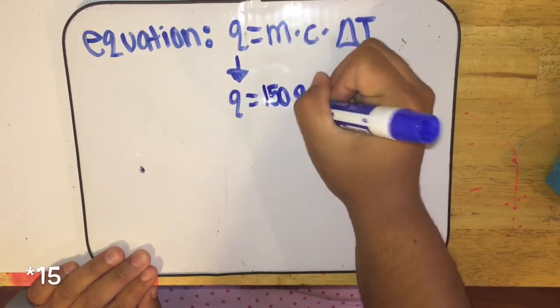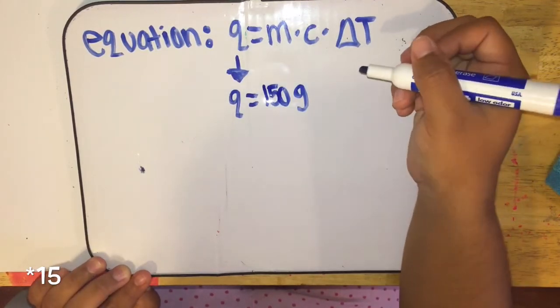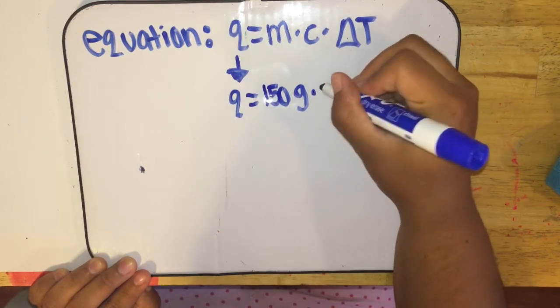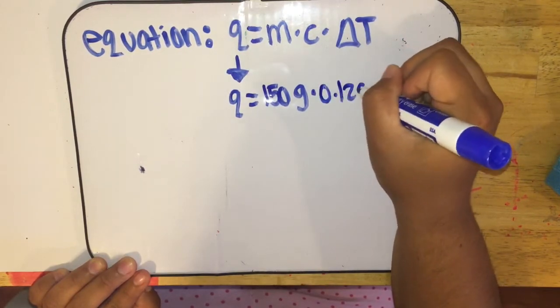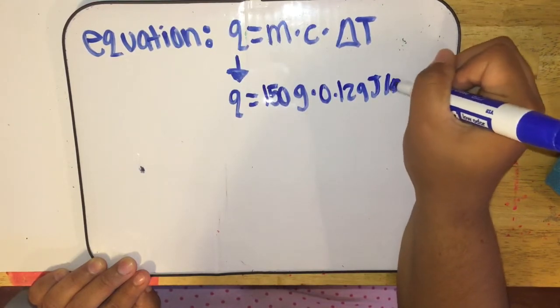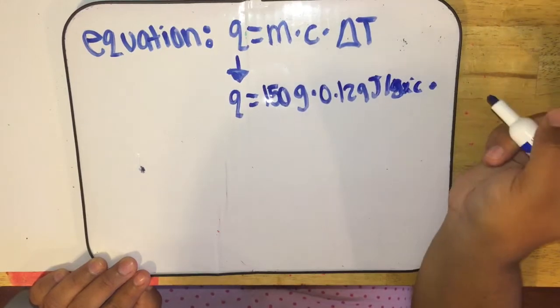Then the equation says M is after the equal sign. So we go M equals 15 grams. So we plug that in. Times, next is C, specific heat. So C equals 0.129. And we plug that into our equation.